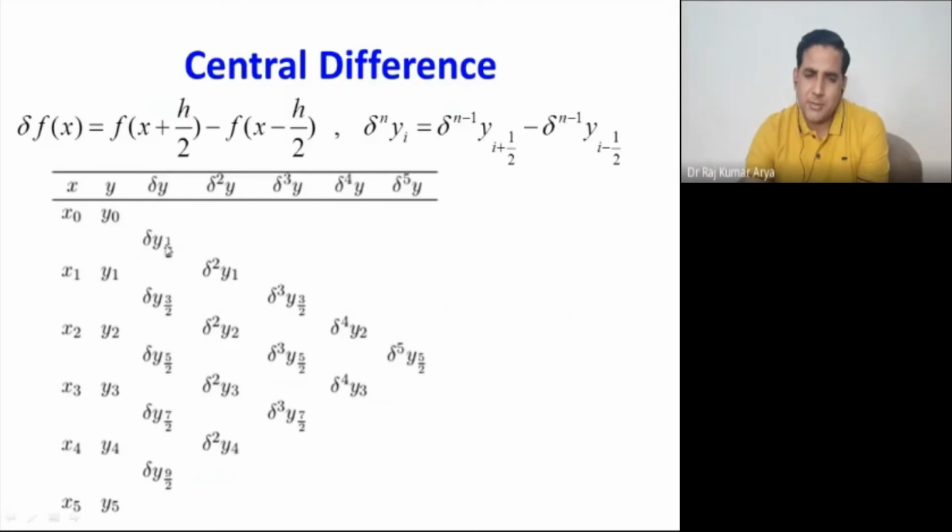So this way you are calculating, and when calculating delta by 1 by 2, you have i plus 1 by 2 and i minus 1 by 2 here. This will keep continuing in the same pattern as previously. It is the same thing you tried previously: this minus that, again this one minus this.